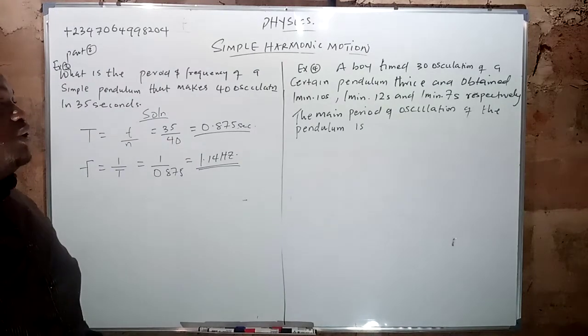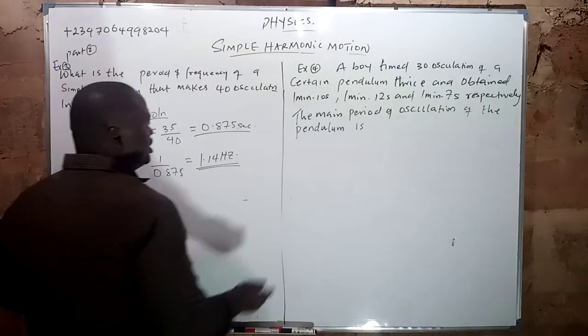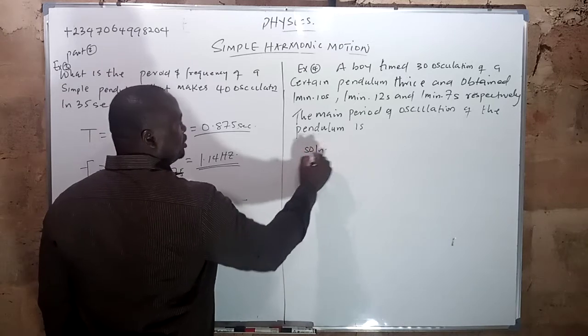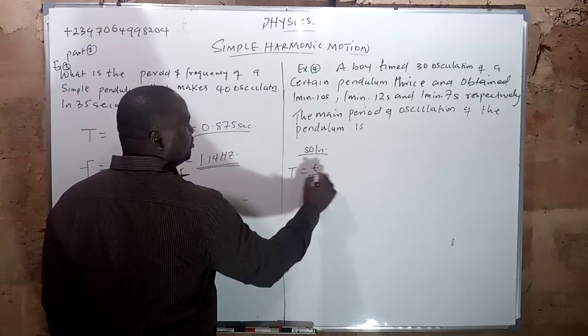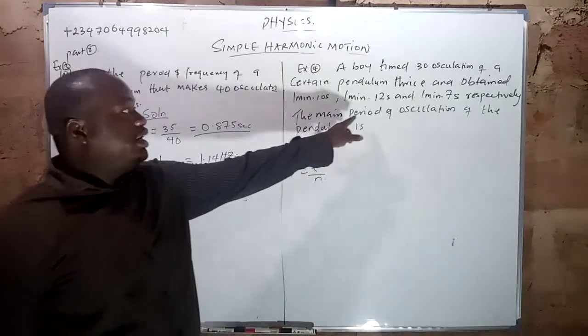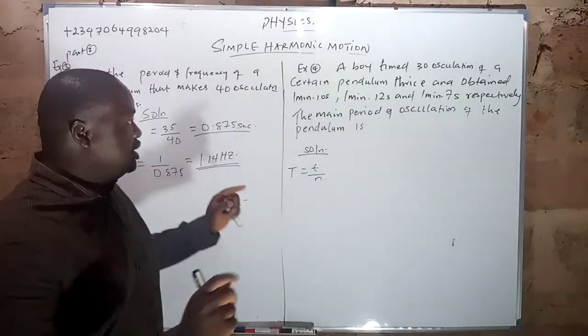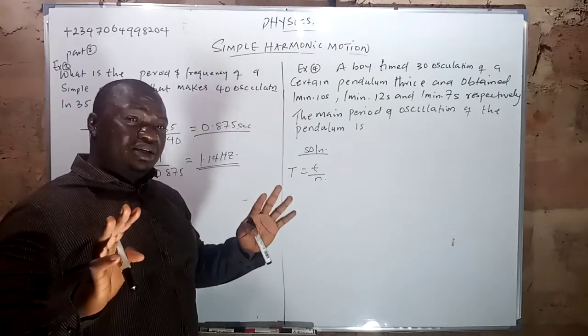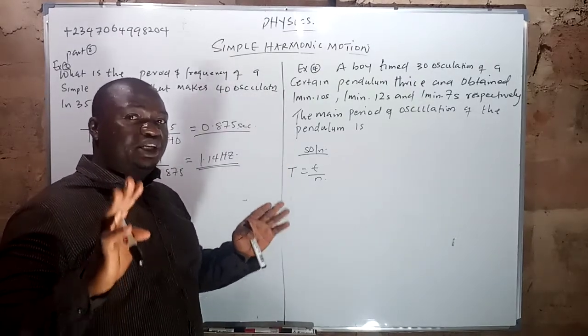The mean period of oscillation of the pendulum is, of course, from the solution, period is time all over number of oscillations. But then you can see that we have 3 times here. So all you need to do is remember that the time must be in seconds.